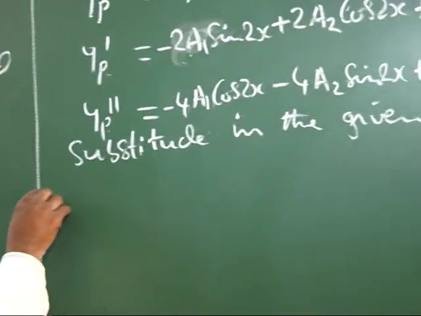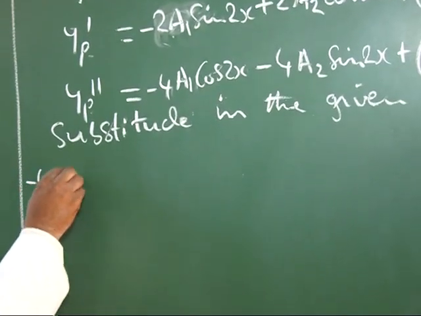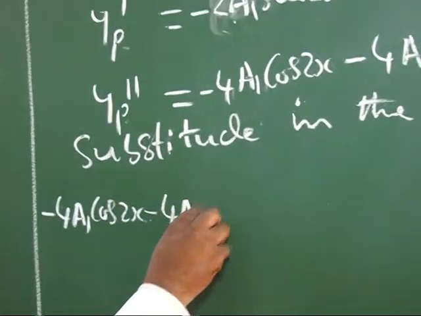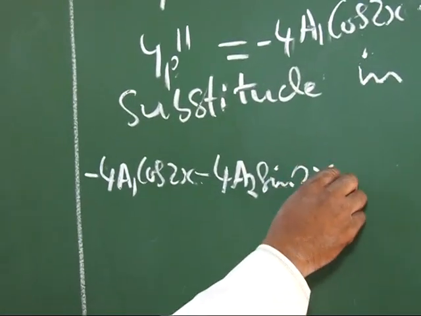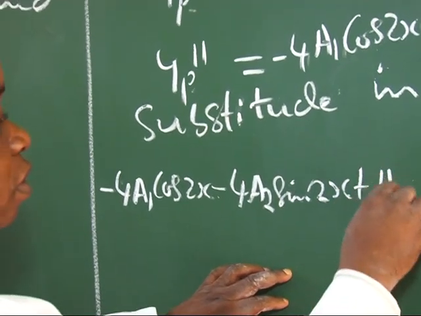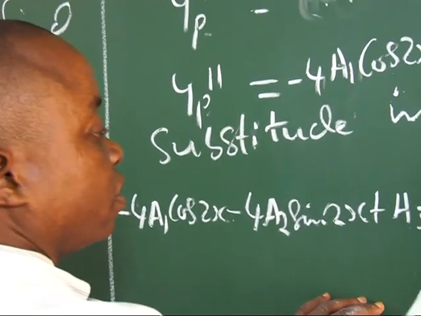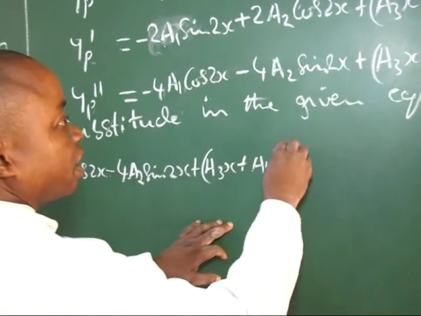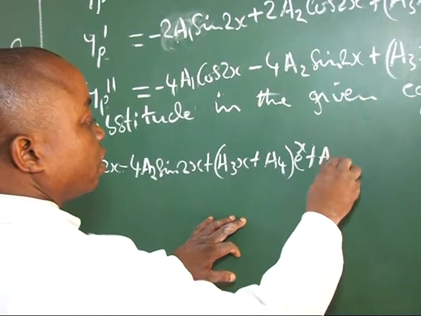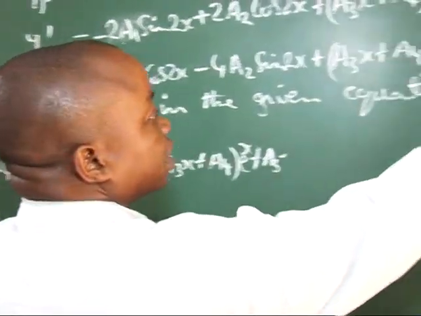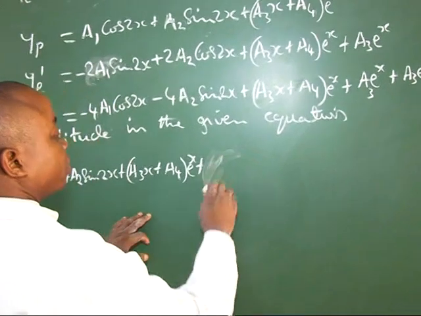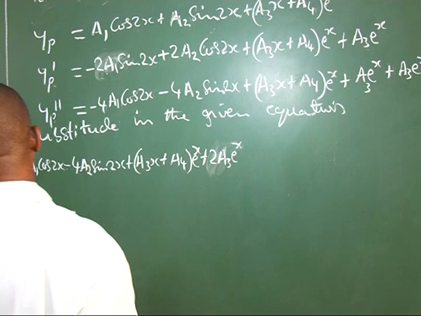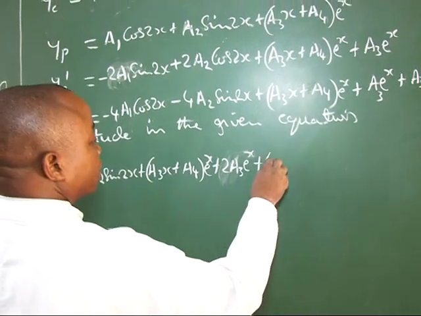So we put minus 4a1 cos 2x minus 4a2 sine 2x plus (a3x plus a4) exponential x plus a3 exponential x plus another a3 exponential x. So we can write plus 2a3 exponential x. Alright. Plus 6.